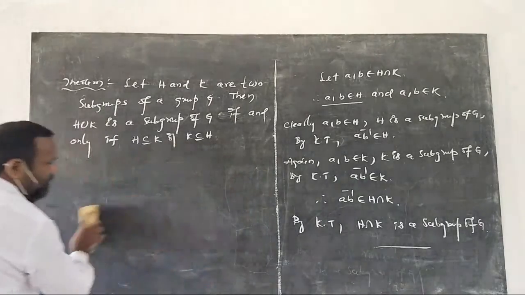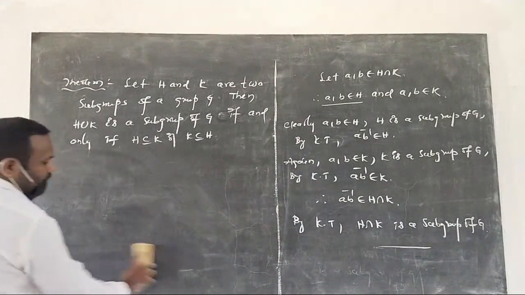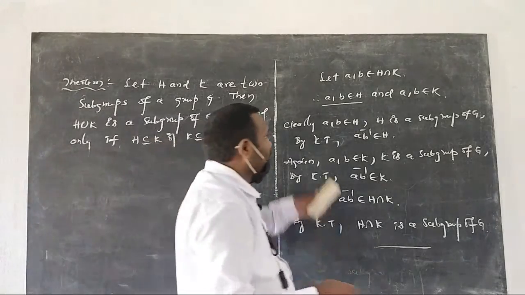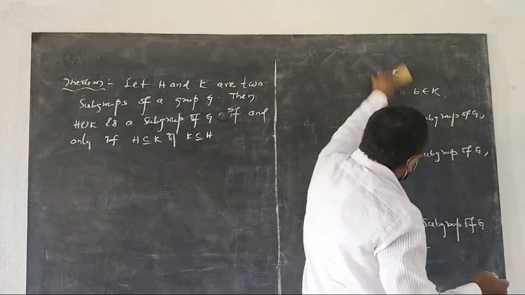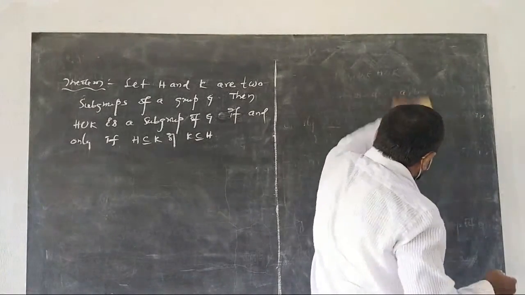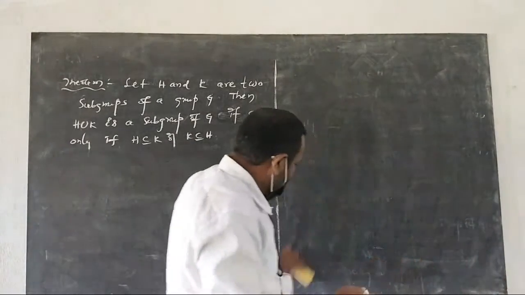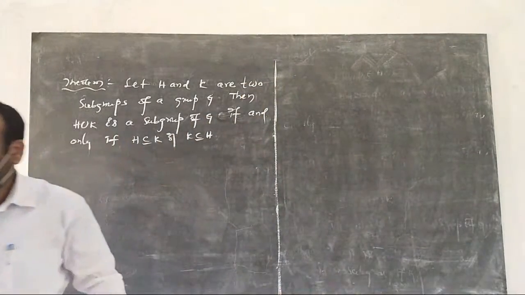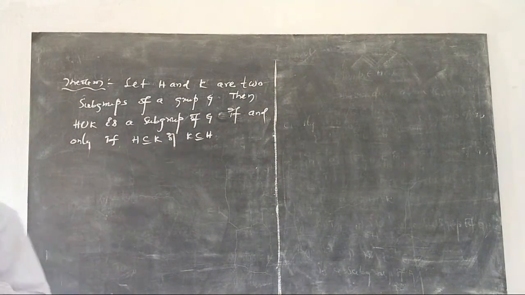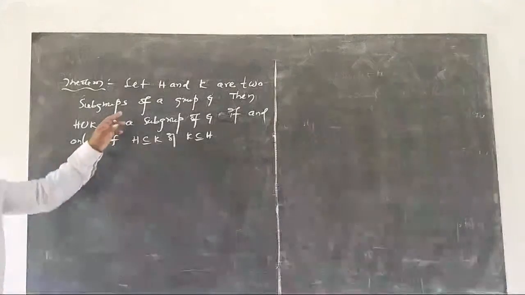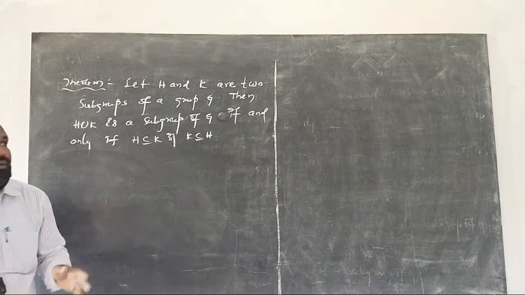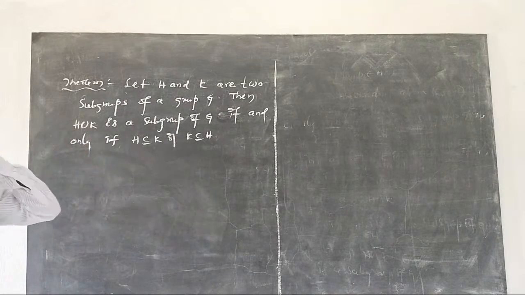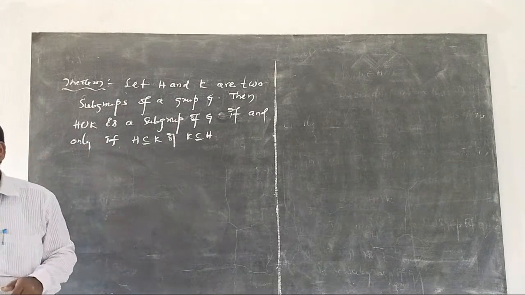First, try to understand the statement. Try to understand the given statement. Okay, let me explain. Look at the statement. If H and K are two subgroups, G is a group, then H union K, this is called the union of subgroups.